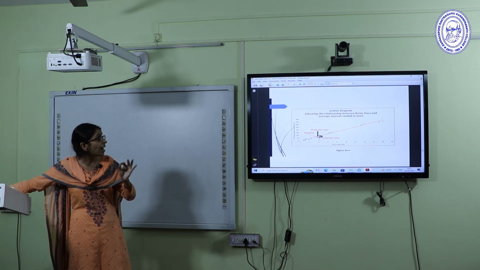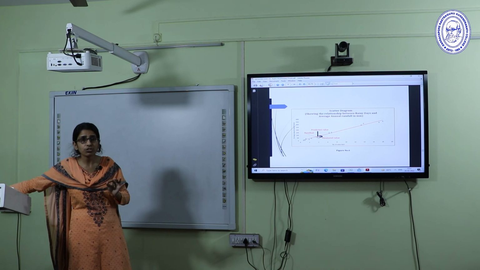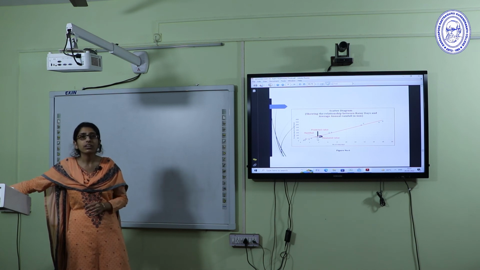And in the ideal situation, it should be plotted at that position. So this is the ideal position and this is the measured value. That means the predicted value and the measured value. The difference between the measured value and the predicted value, this red colored gap, is known as your residual.